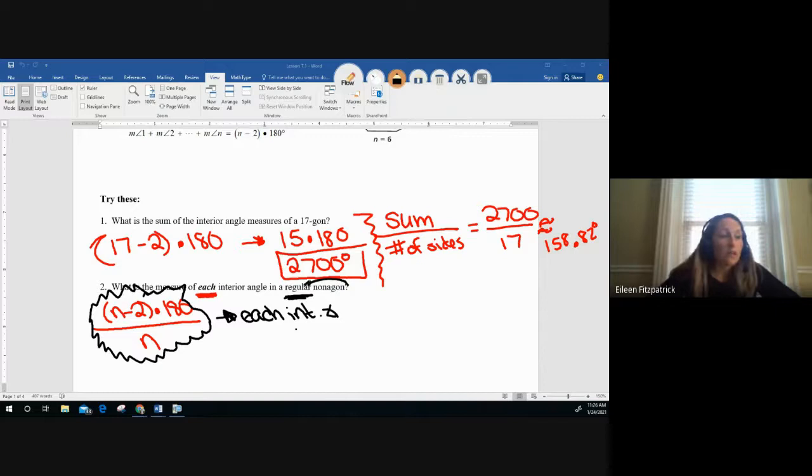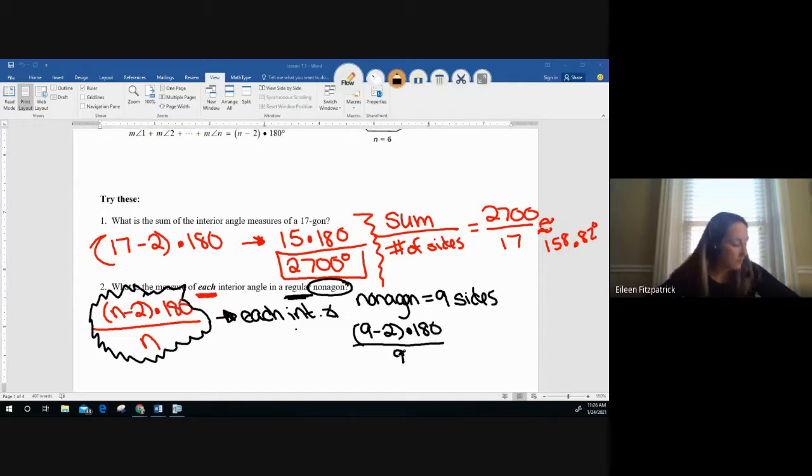So for a nonagon, we need to know what n equals. A nonagon has 9 sides. All right, so I'm going to have to do n minus 2 times 180 divided by n. Okay, so n minus 2 is 7.